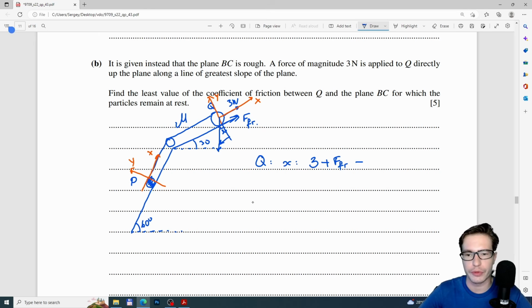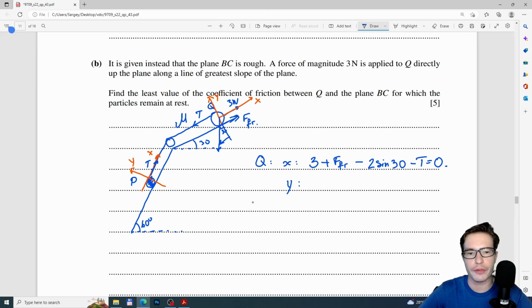The weight is 2 newtons, so it's minus 2 sine 30. And we also have tension, so minus T. Now it's equilibrium, so it equals 0.